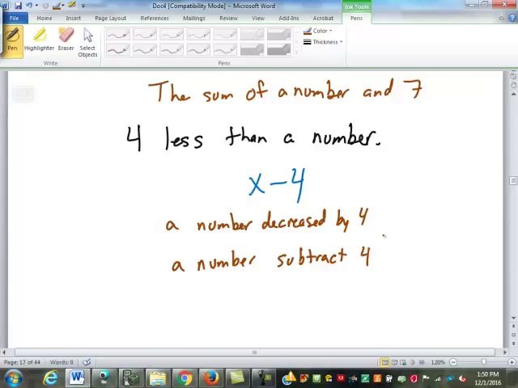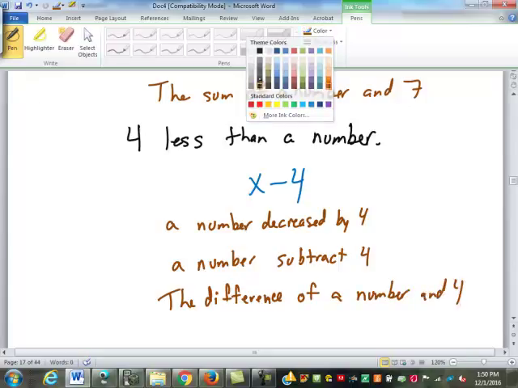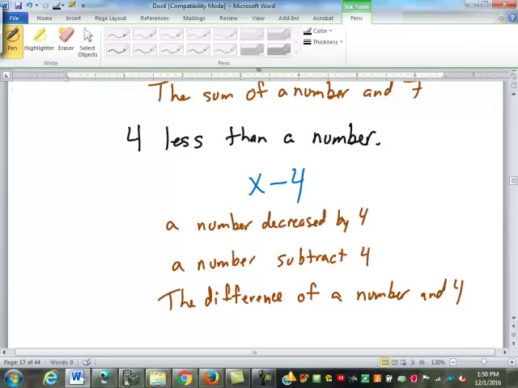A number reduced by 4. The difference of a number and 4. And again, there's a lot of phrases that we could come up with if we took the time to represent x minus 4, or number minus 4.